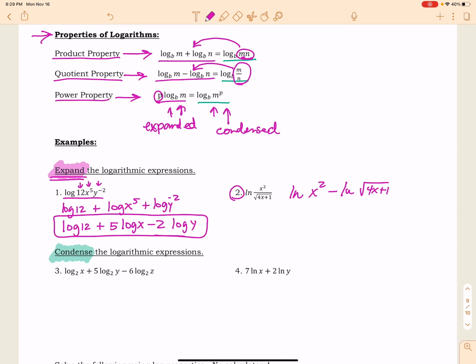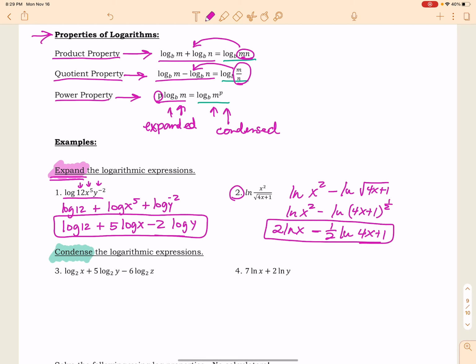Now when we take the square root of something, it's the same thing as writing 4x plus 1 to the 1/2. So now we're going to use the power property on both of these. So that gives me 2 natural log x minus 1/2 natural log 4x plus 1. So that's what the expanded version looks like.